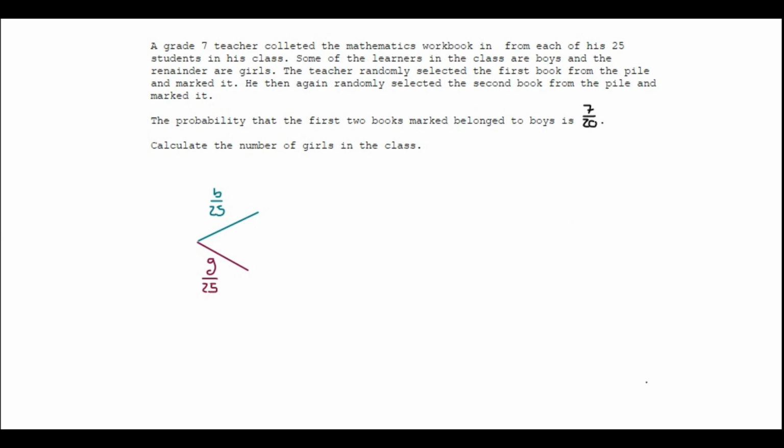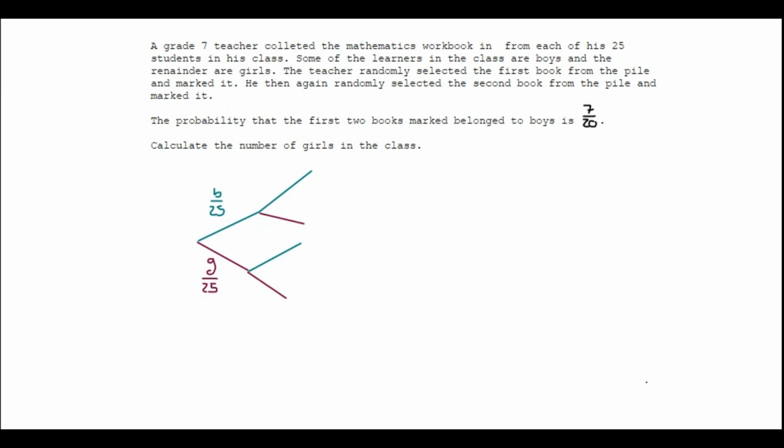Then he does not return the boy's book. Instead, he goes and takes another book to mark, because marking is, for a teacher, essential. We need to get through everything. So there's another chance that we choose a different book, and it could be a girl's book or a boy's book.